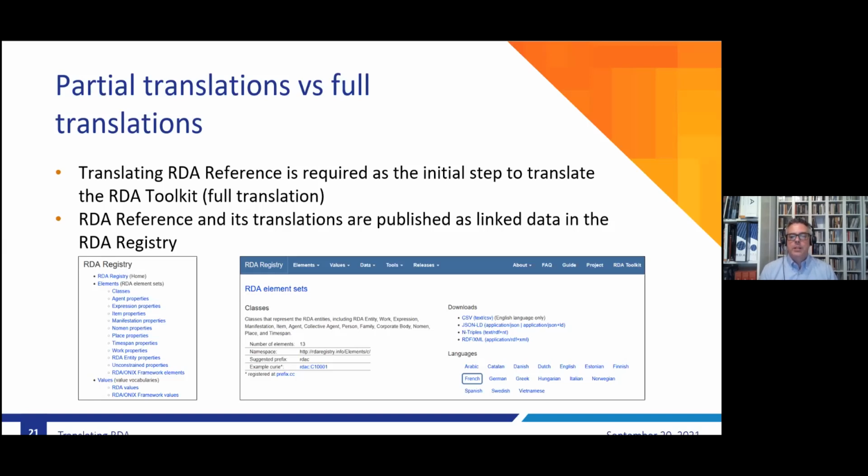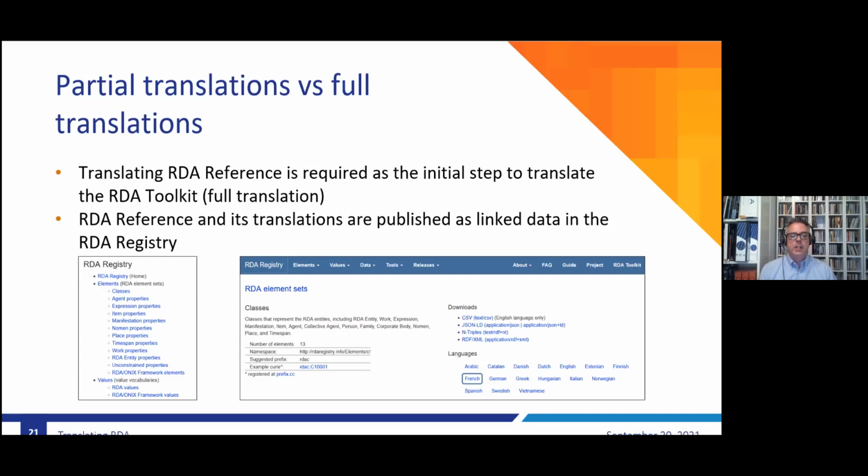However, if the resources available in a given community to translate RDA are not sufficient, or if the level of English proficiency in a community is deemed sufficient, that community might decide to only do a partial translation. This way, catalogers would be able to use RDA reference in their own language, but they would use the English version of the RDA toolkit to apply RDA instructions.